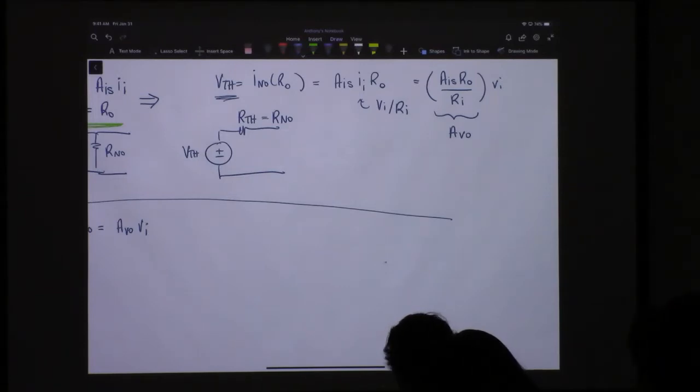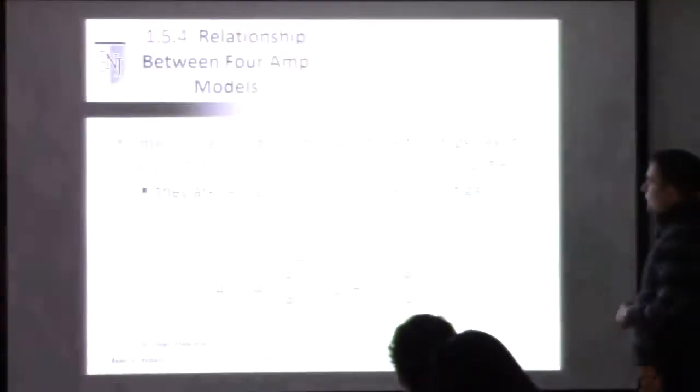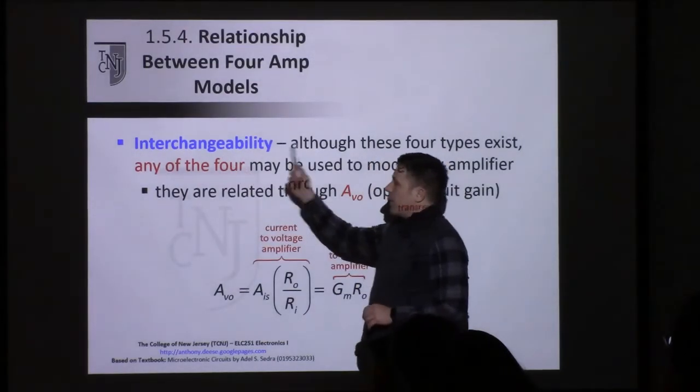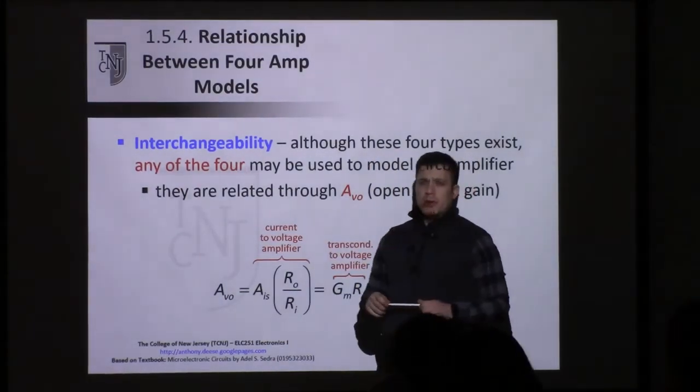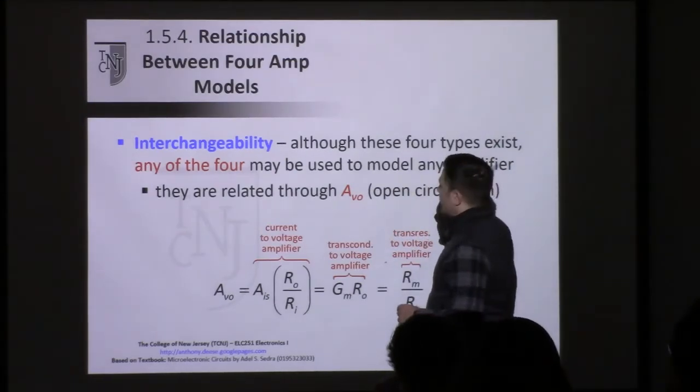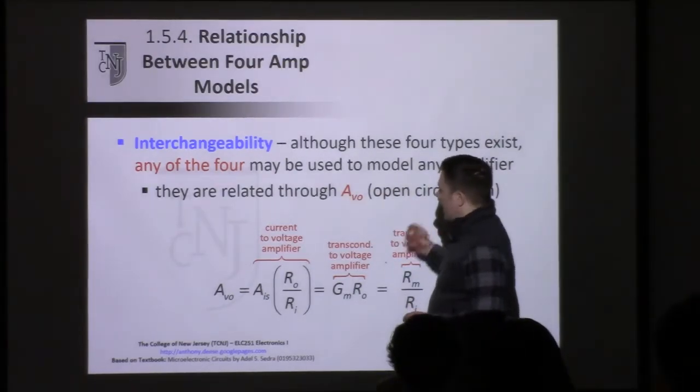And so if you look, now I'll switch back to this, we see that we do have interchangeability or equivalency between the different amplifier types. So the 4 types exist. We can convert between any of these.